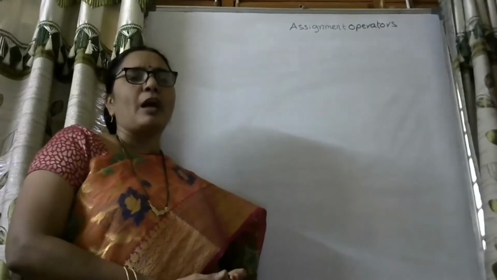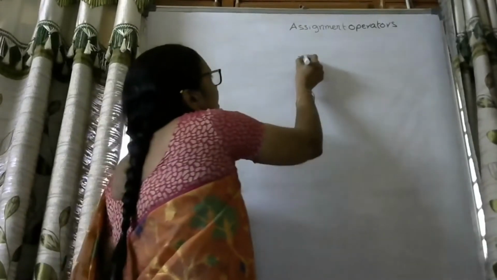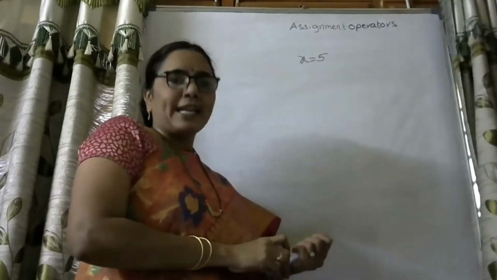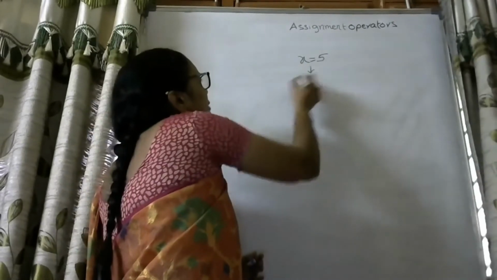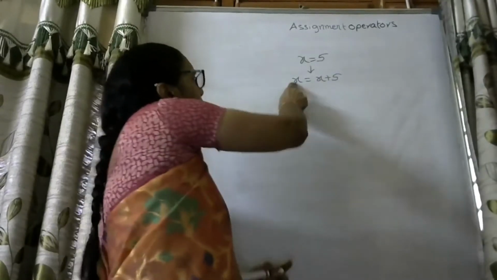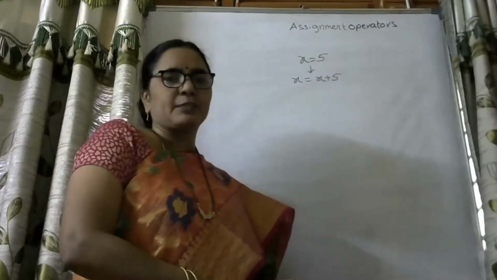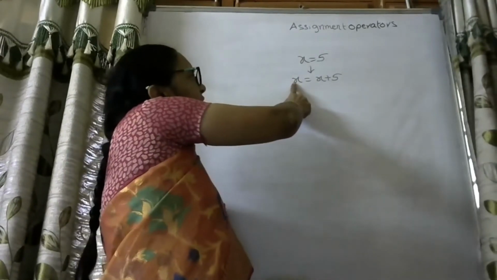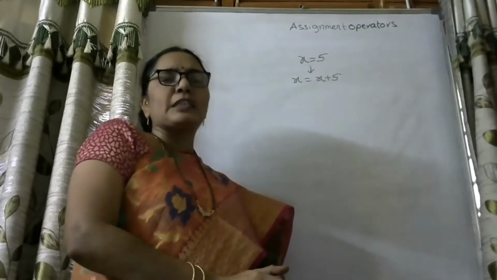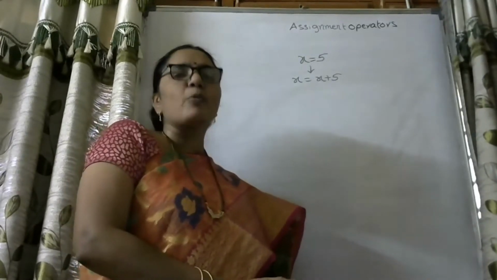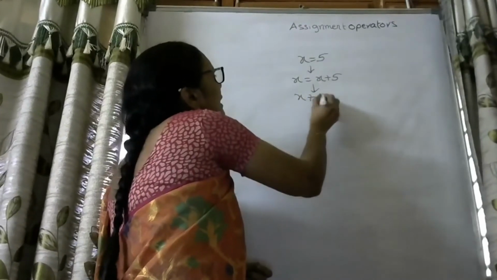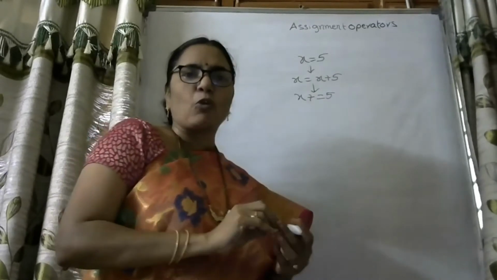What is the reason for combining? Here if I say x is equal to 5, which means we are assigning the value 5 to the x. Then I want to write an expression x is equal to x plus 5. Here the variable x is used in 2 places. One is used as a destination, another it is used as one of the operands. If you want to use the same variable at 2 places, then this can be written as x plus is equal to 5.